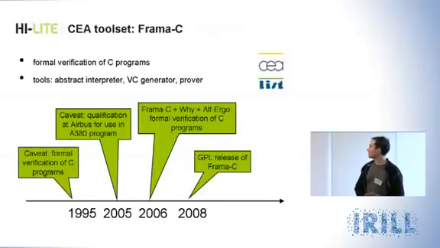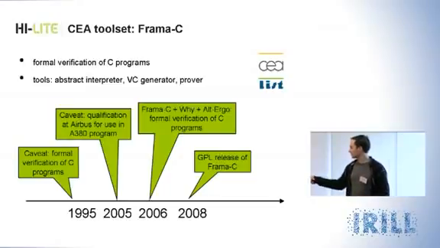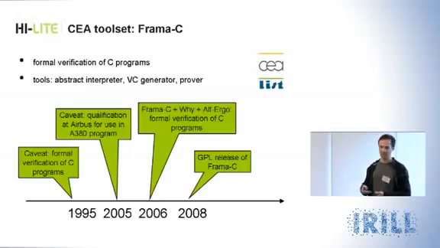And last is the CEA, which comes with its platform for verification of C code and analysis in general of C programs. One of the things that it offers is formal verification through these Why and Alt-Ergo tools that are embedded. So it started in 1995 with the tool Caveat, which was a product of the collaboration between Airbus and CEA.